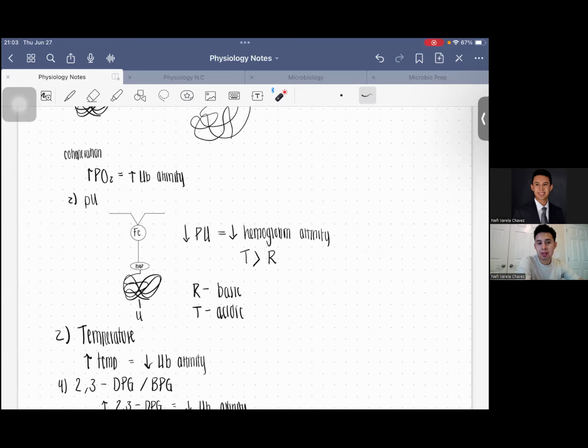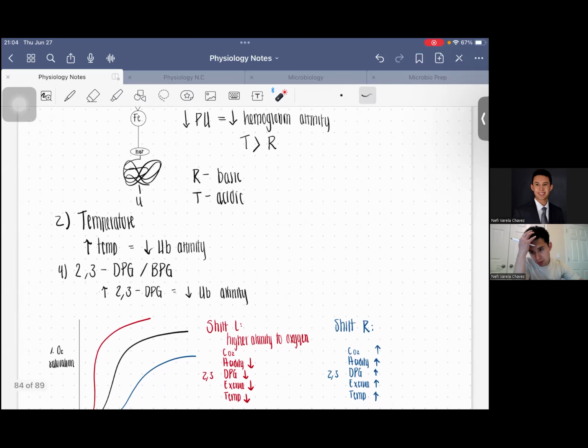By decreasing pH, that means that we are making the blood more acidic. By making the blood more acidic, that means that we are either decreasing bicarbonate or increasing carbon dioxide, which is going to increase hydrogen. So by decreasing pH, making it more acidic, hydrogen has the chance to bind with this protein, taking the place of oxygen. So we are going to decrease hemoglobin affinity.